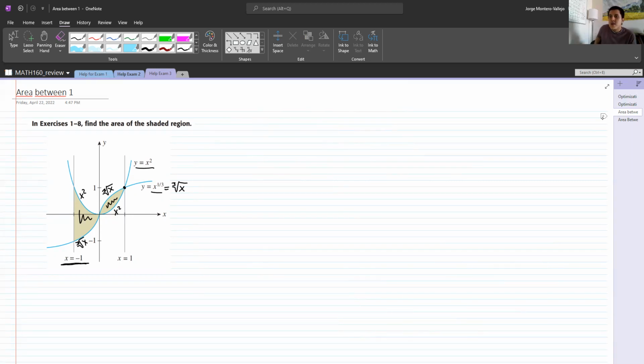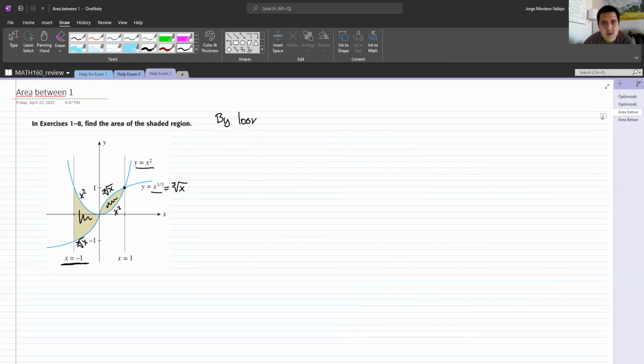That means that when doing the integrals, we need to write two integrals, right? Because remember that a single integral has one function on top throughout the entire interval of integration. So if there's a change in which function is on top, then we need to do one for when this one is on top and another one when the other one is on top. So we will need to do here two integrals.